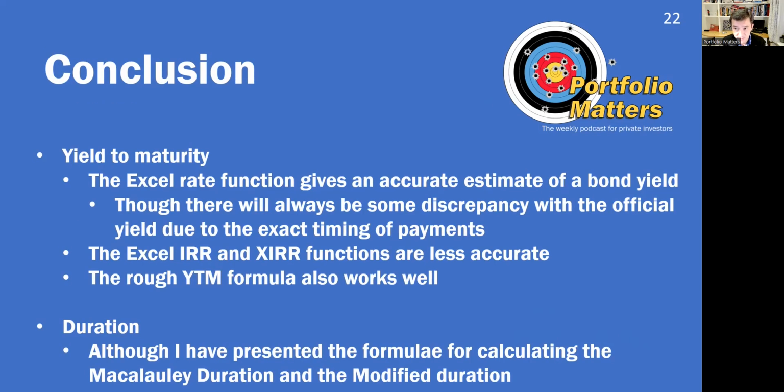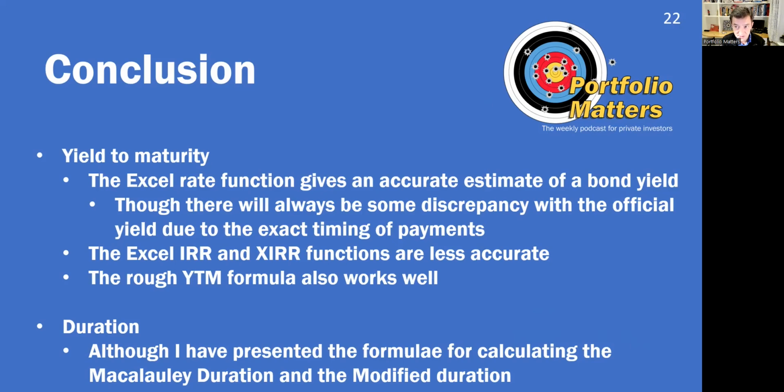So in summary, knowing how to calculate the yield to maturity can be useful when there are no websites available to do the calculation for you. If you're buying and selling UK gilts, then TradeWeb will give you the yield to maturity as of last night.